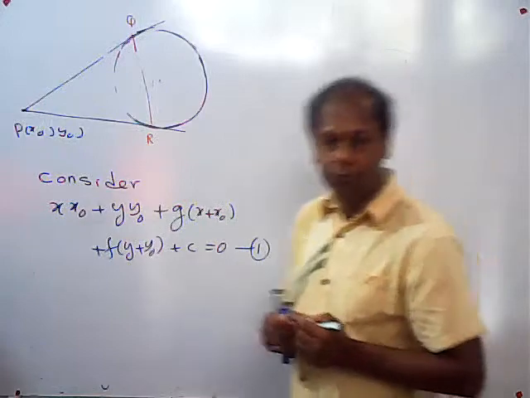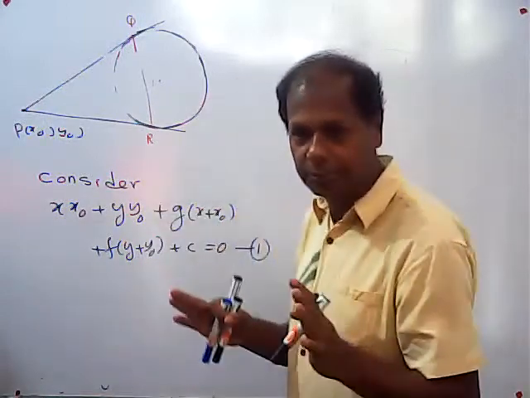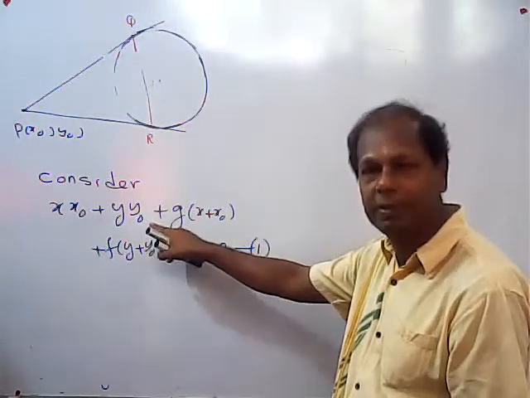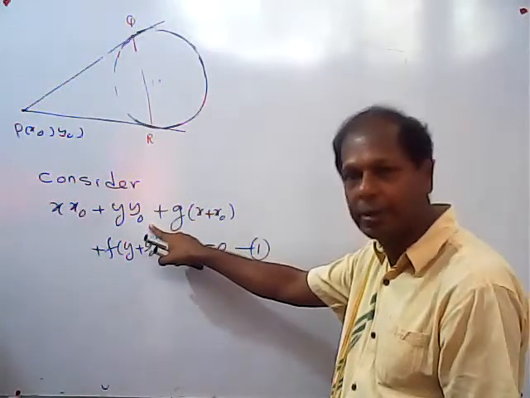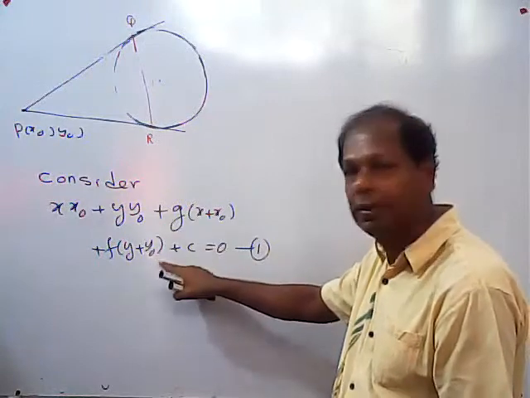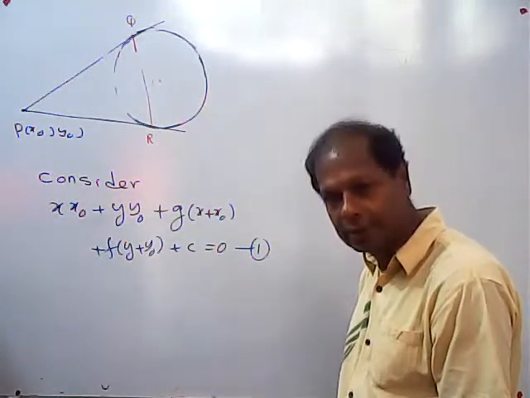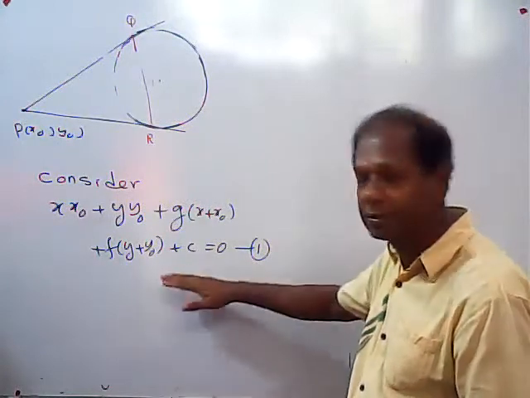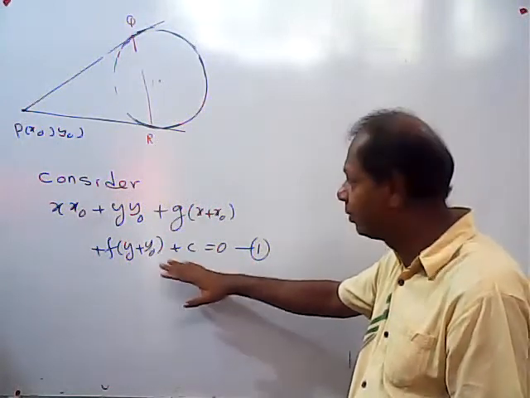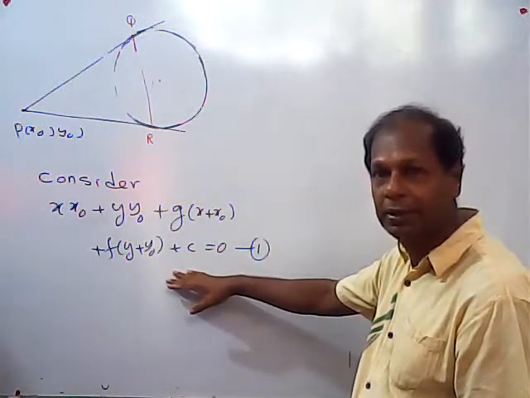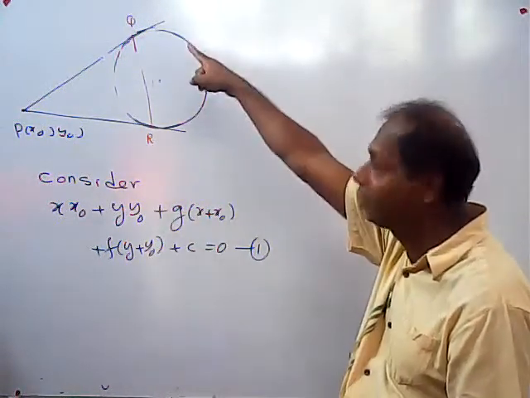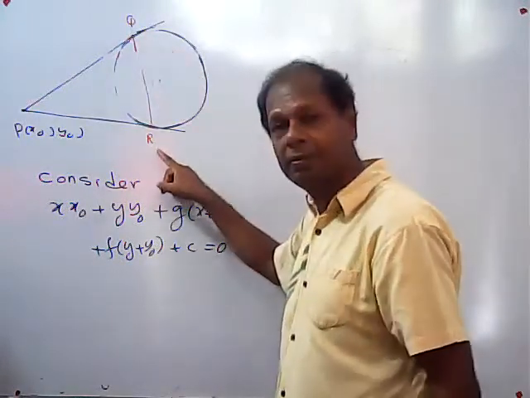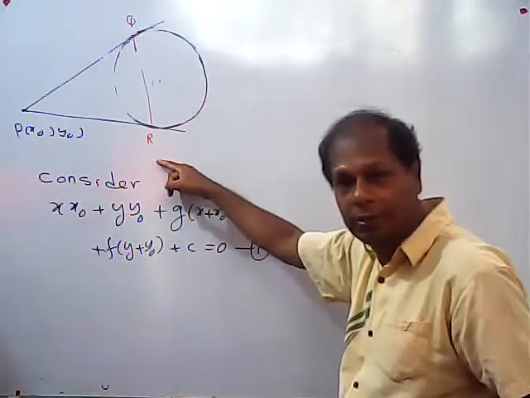Right? Our proof is of two steps. First, we will prove that this represents a straight line under any circumstance. First we'll show that this is a straight line, then we'll show that that straight line always passes through the point Q, and it always passes through the point R as well.